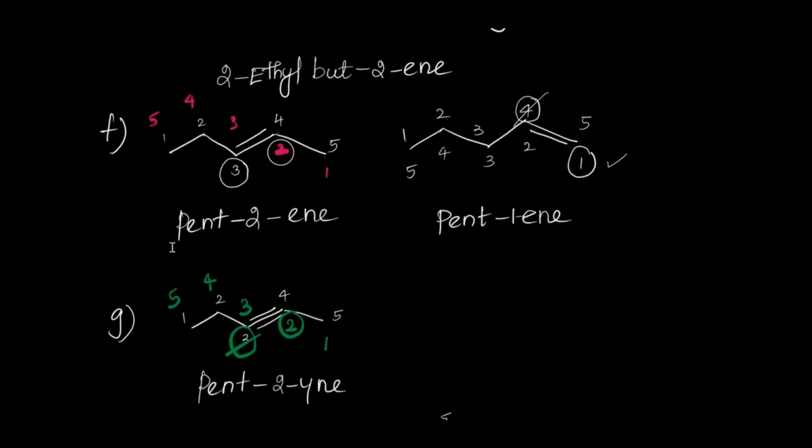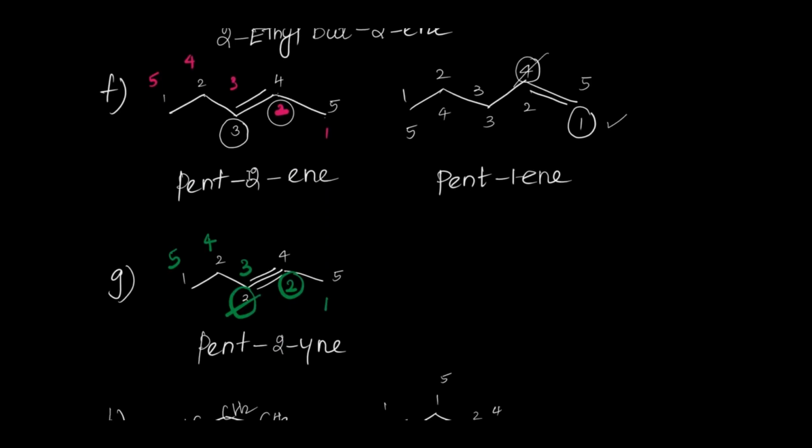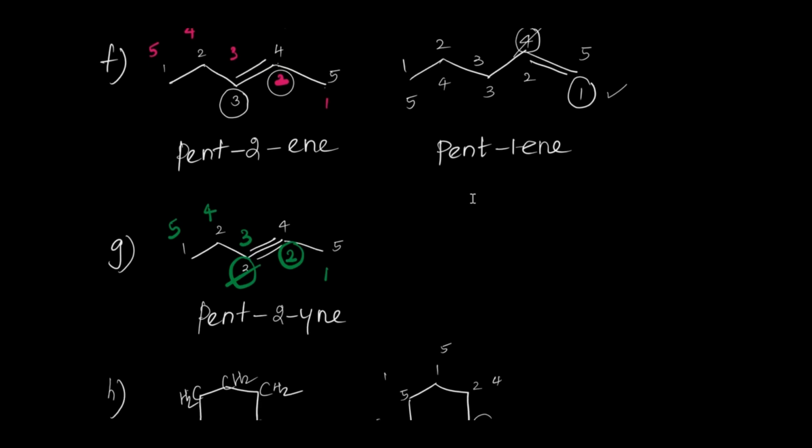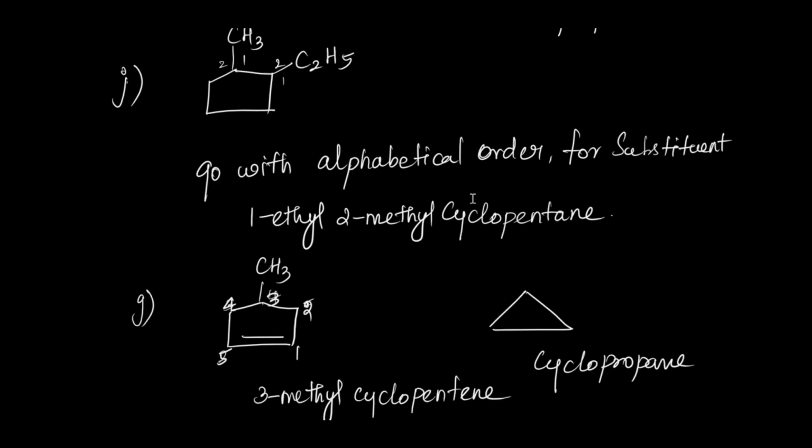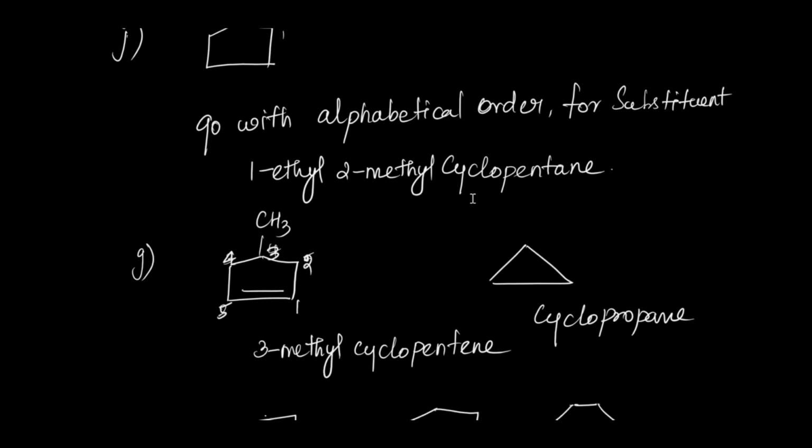Like pent-2-yne, pent-2-ene, pent-1-ene, like that. In the case of a cyclic system, mention that it is cyclic. So cyclopentane, cyclo-2-pentene, like that. And if there are two substituents present, go in alphabetical order. Ethyl and methyl means first ethyl, then comes methyl.